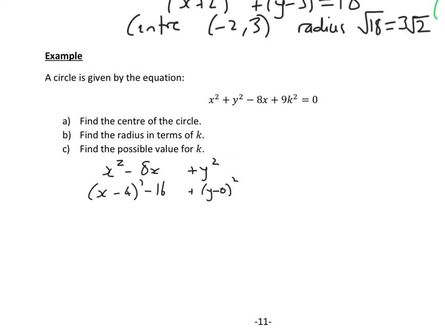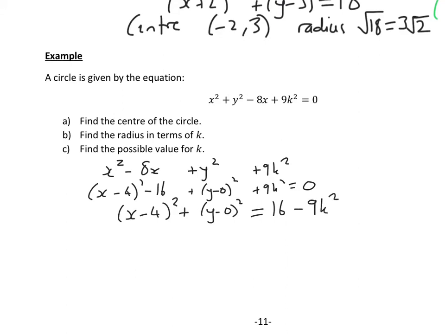And then plus 9k squared is just plus 9k squared. So then I'm going to have x minus 4 squared plus y minus 0 squared, or I can just leave it as y squared. And then I'm going to put the 16 on the other side, take away 9k squared.